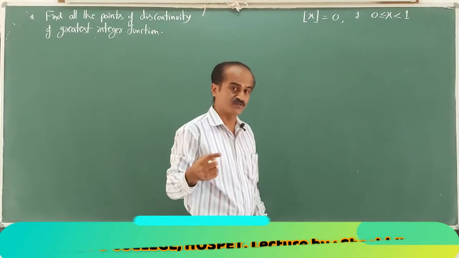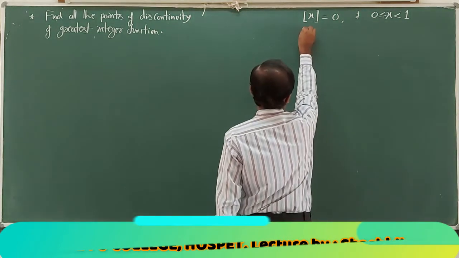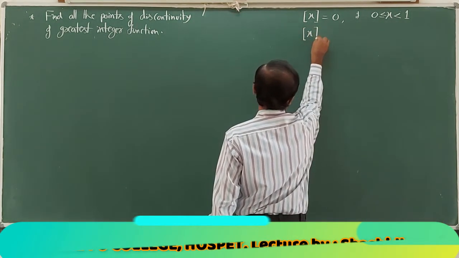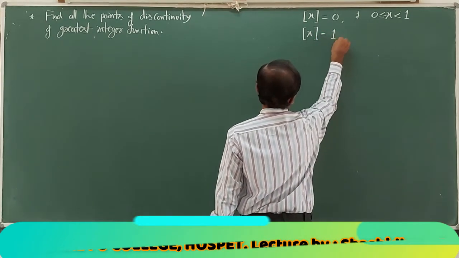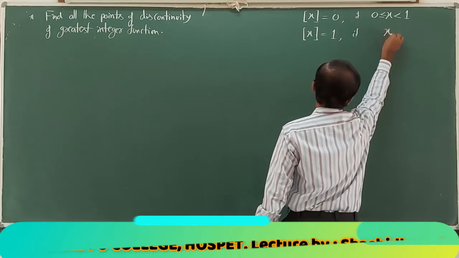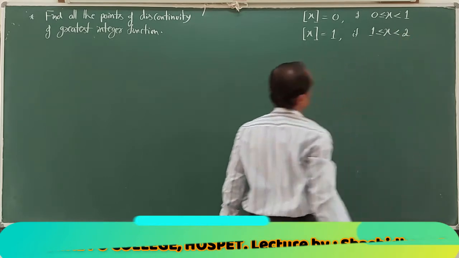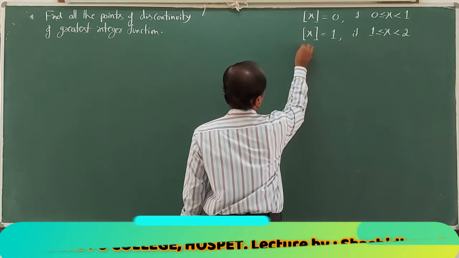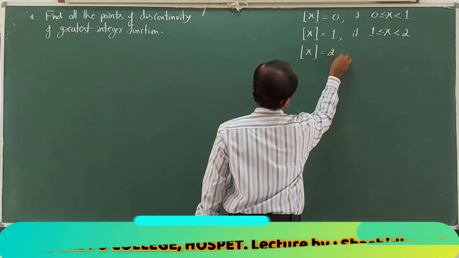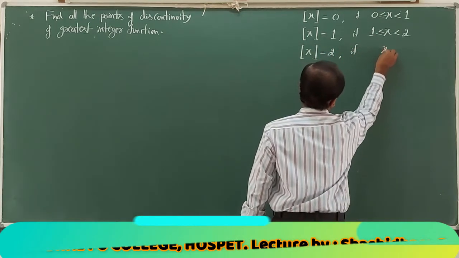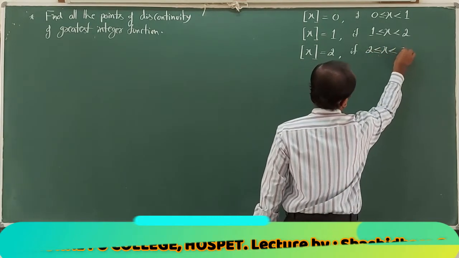But when it takes 1, the greatest integer of 1 is 1. So let me write for what values of x the greatest integer function will give us 1. Yes, x greater than or equal to 1, strictly less than 2. Now the greatest integer of x is equal to 2 if x is equal to 2 or greater than 2 and less than 3.